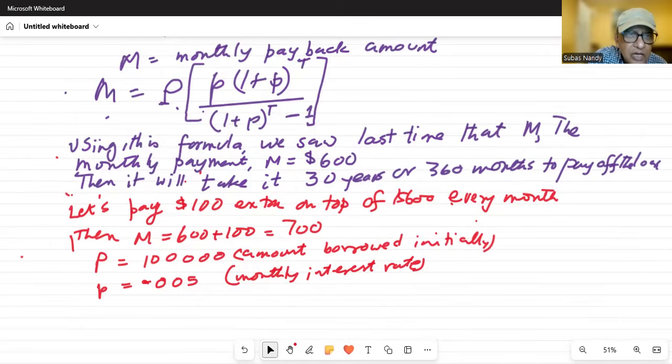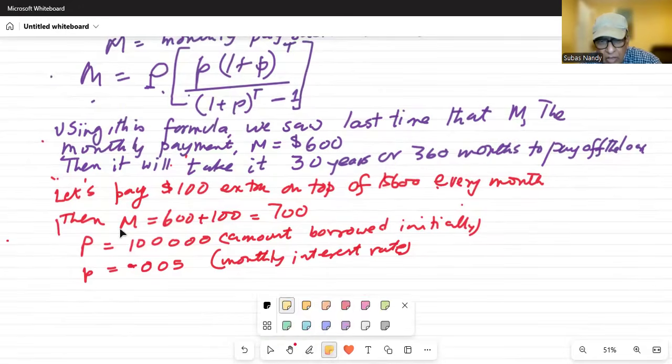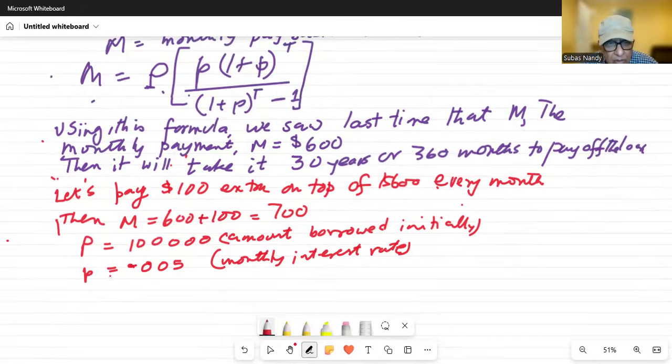So let's do these calculations. Now I have M, which is 700. So plugging in, M is 700.